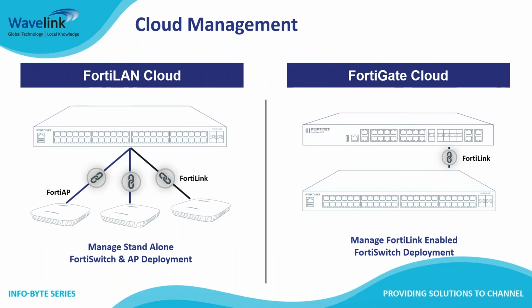The FortiLAN cloud, that is purely cloud management without a FortiGate involved. And then we have the FortiGate cloud. So this is basically the cloud interface of the FortiGate. But if that FortiGate has a FortiSwitch connected, you can actually manage them from the FortiGate cloud as well. Okay, with a FortiGate attached and without a FortiGate attached.